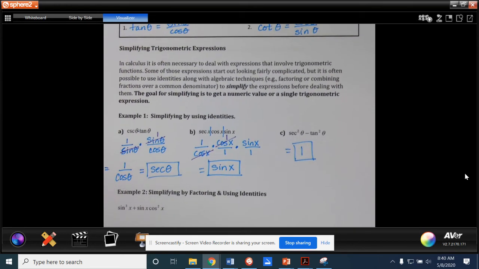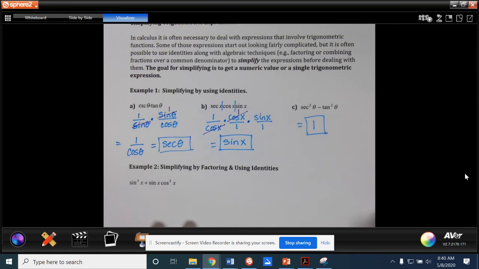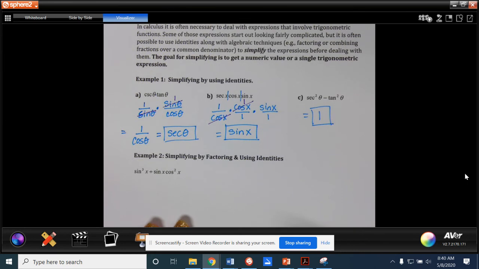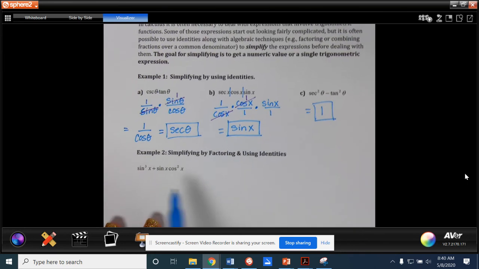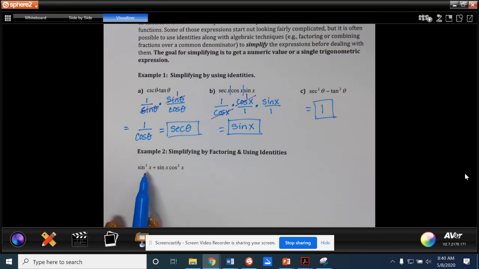Now, let's think about factoring out. Notice that this was all multiplication. This was an identity we already had, so I don't need to factor anything. But what if I do need to factor? So let's look at that. You can see I have a sine cubed. I have a sine and then a cosine squared.